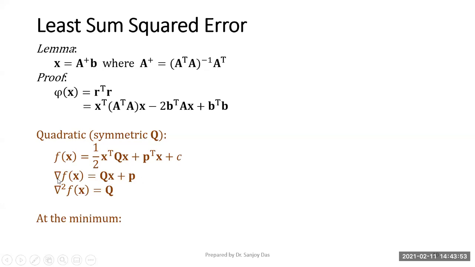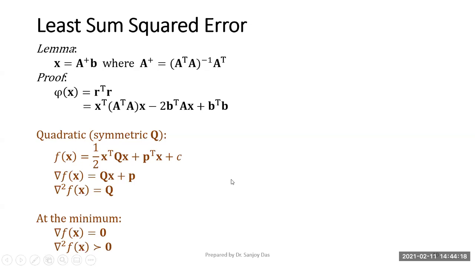Okay. At the minimum, what we must have is this. This must be equal to 0, right? At the minimum, that first derivative should be 0. Del f of x equals 0, the same thing as scalars. And what can you say about the second derivative? If it's a minimum, the second derivative must be greater than 0, or del square f must be positive definite.